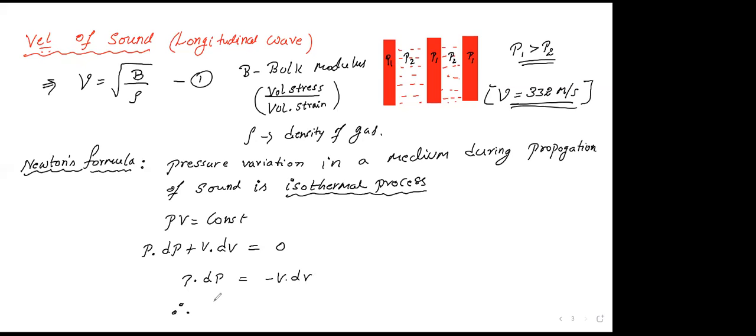Therefore, dP by dV is equal to minus P by V. Therefore, the P will be, check here, what will be the P? P dV, V dP.